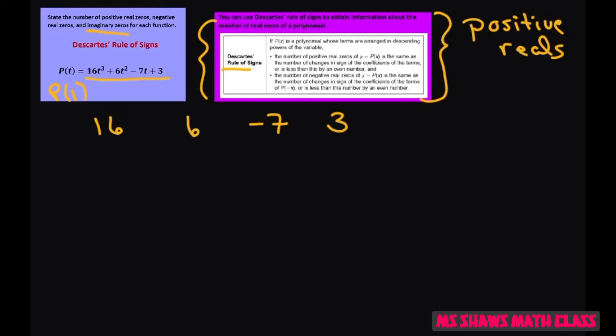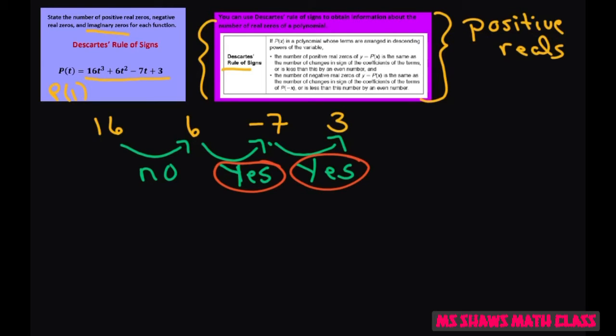Now, when I look at the differences, I have no sign change, one sign change, and another sign change. So we have a total of 2 sign changes. So the possible positive reals is 2, or for Descartes' rule of signs, you can go less than this by an even number. So 2 or 0.